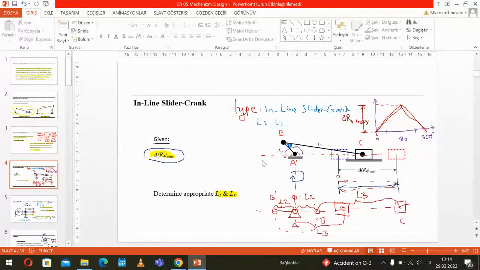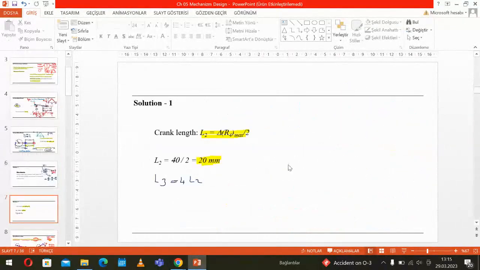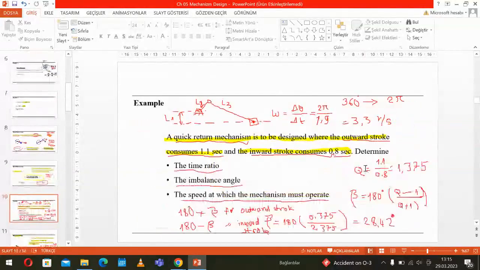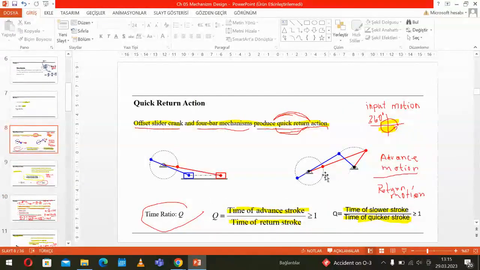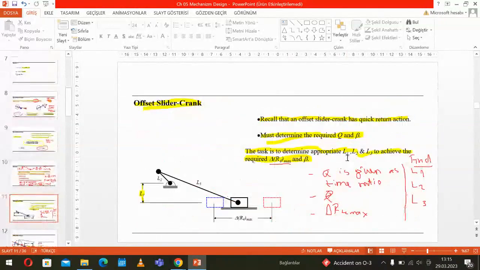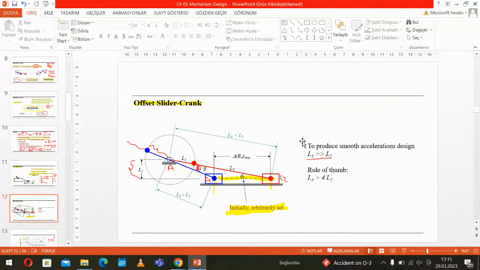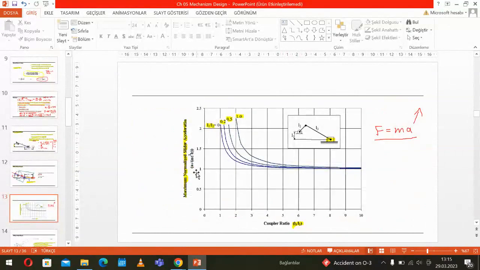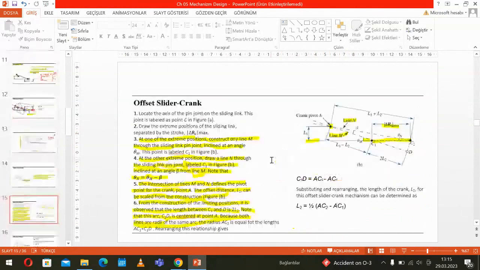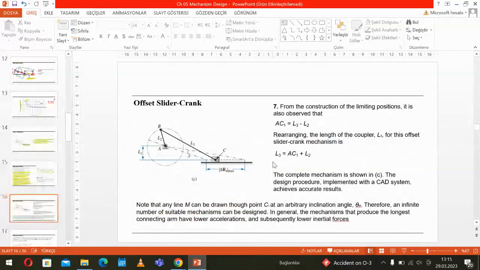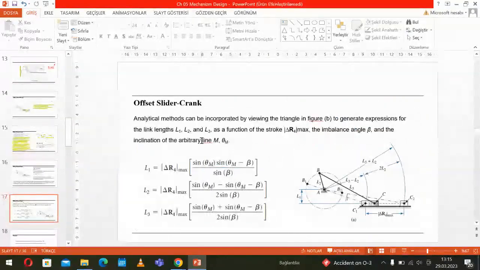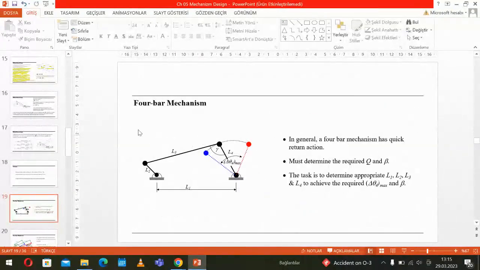We discussed all of them in our previous lessons, and finally we came to the topic of the four-bar mechanism. So the slider crank mechanism, inline or offline, we discussed already.